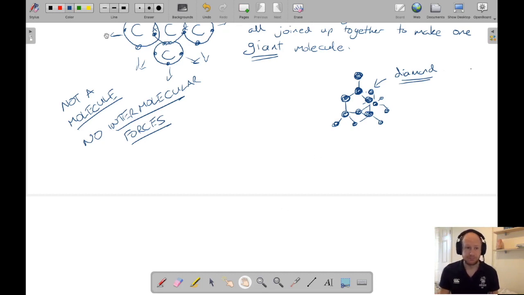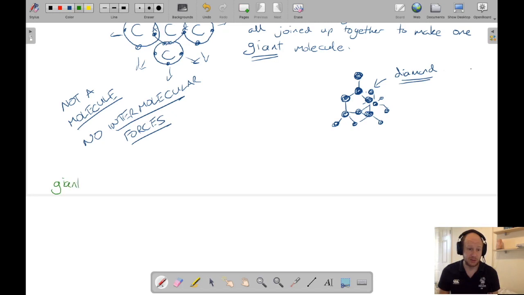Right. So let's have a look at the properties that these have. First of all, the only thing that's holding these atoms together are those strong covalent bonds, so these are incredibly strong. So how do I put this?